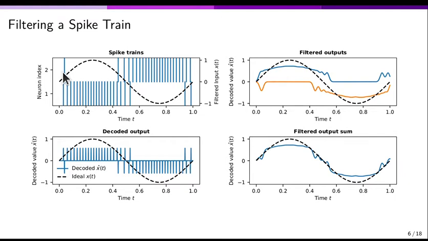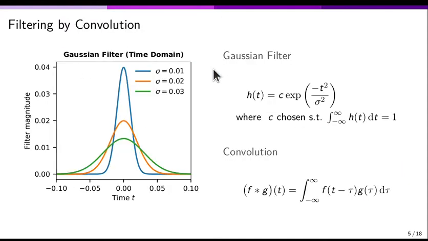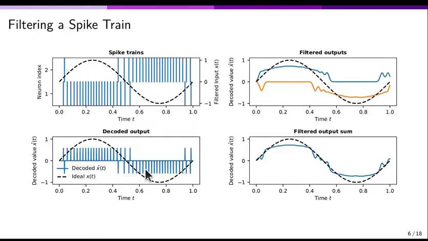If, however, I take these spikes and I blur them a little bit, I apply that Gaussian kernel filter, putting one of those every time there's a spike, then this bottom line, which is my neuron 1, I take those spikes, apply that filter, and I get this blue line, and then it goes back down.